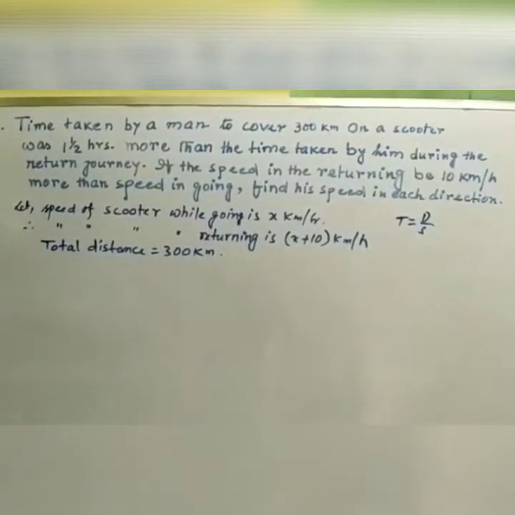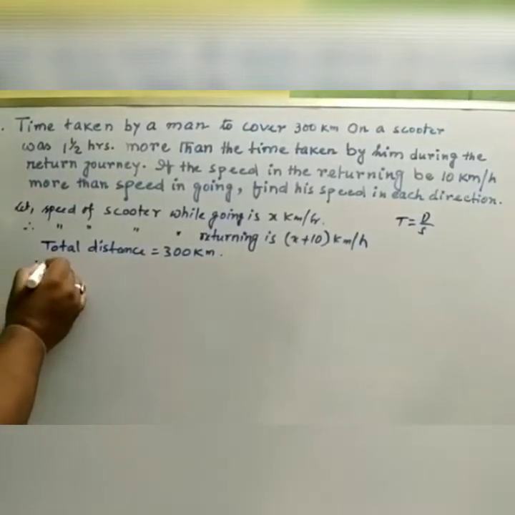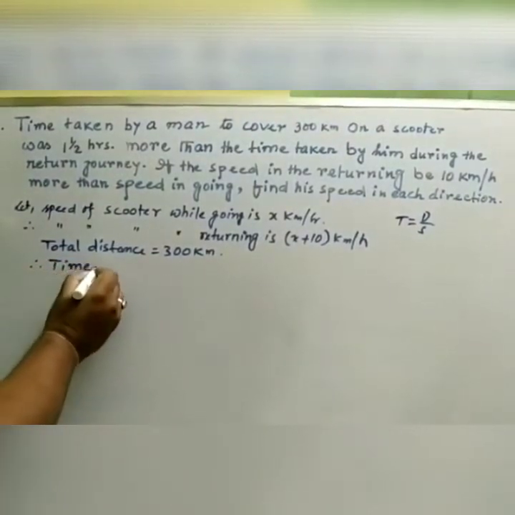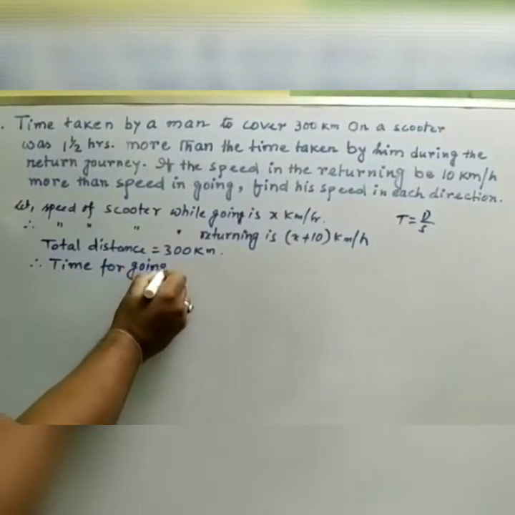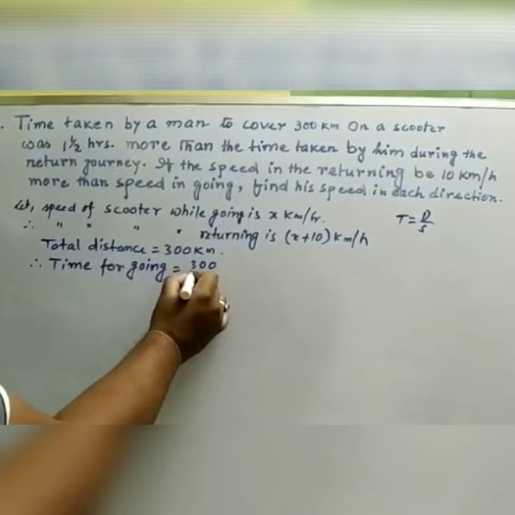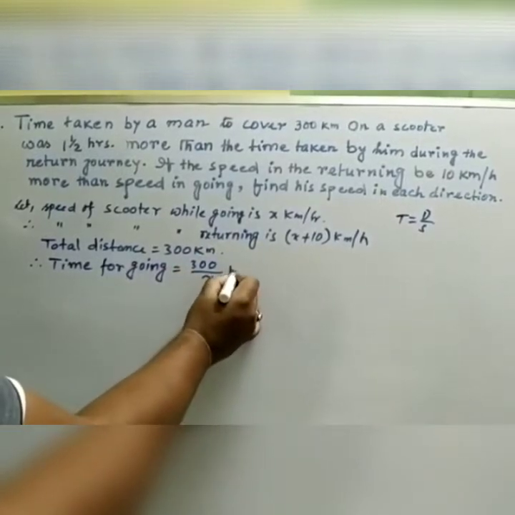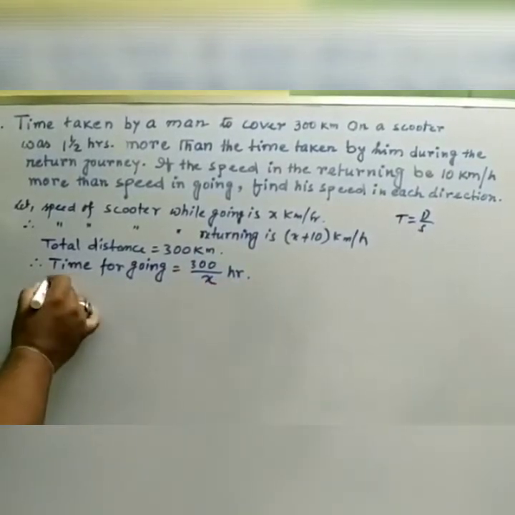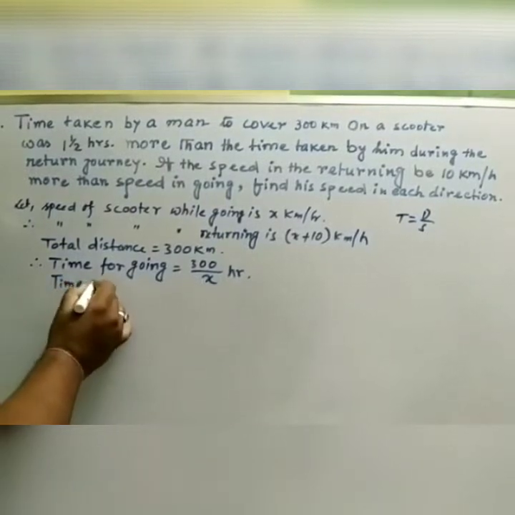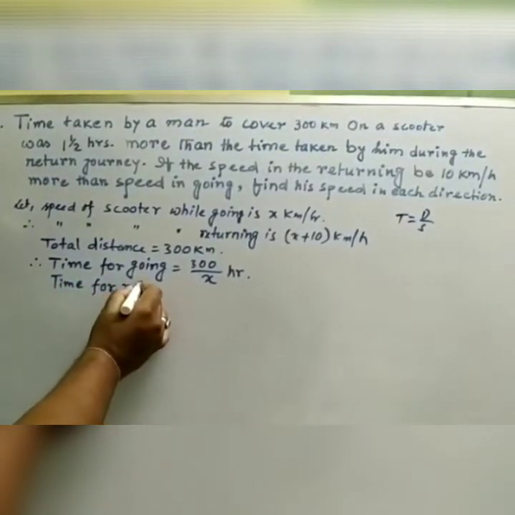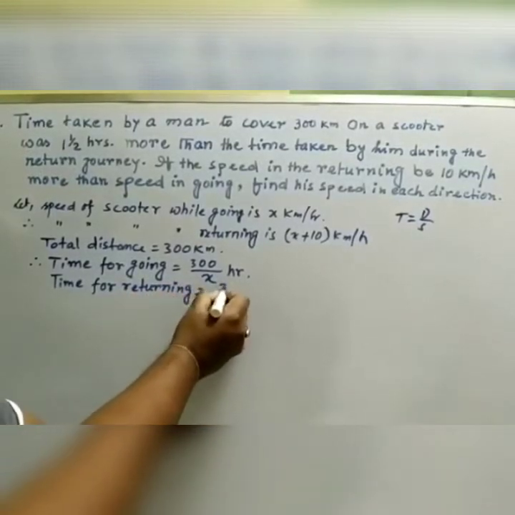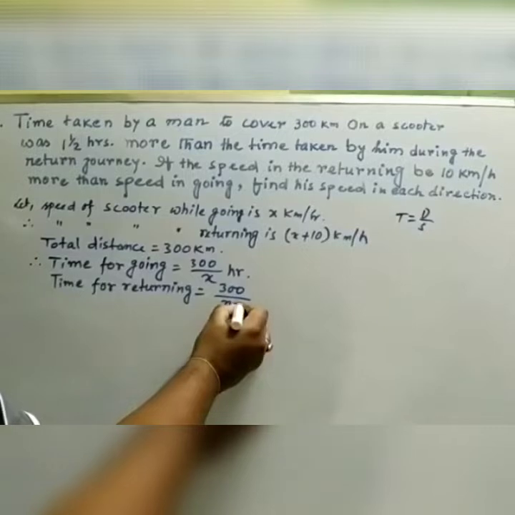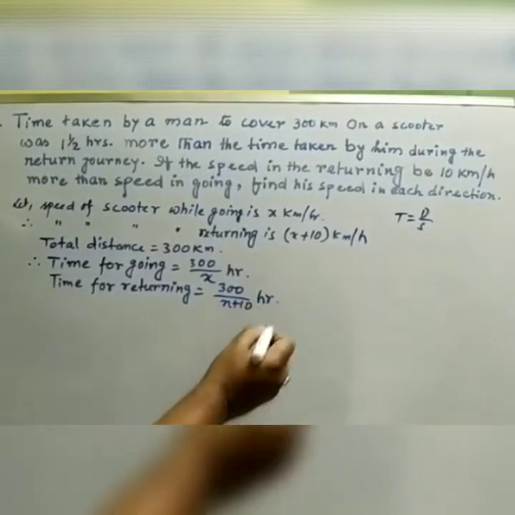So time for going equals distance 300 by speed x hour, and time for returning is distance by speed, that is 300 by x plus 10 hour.